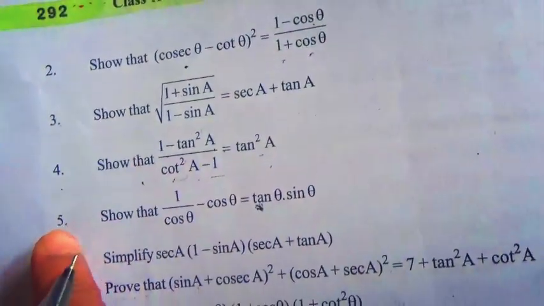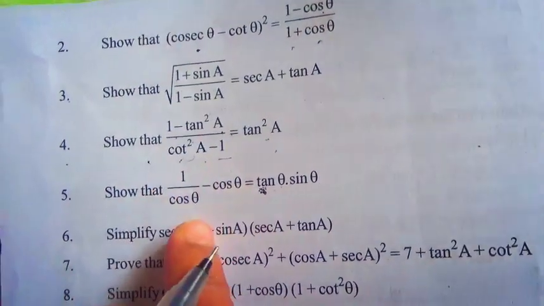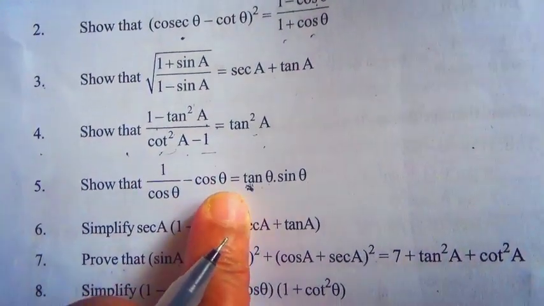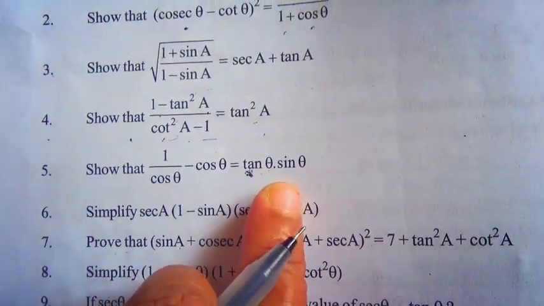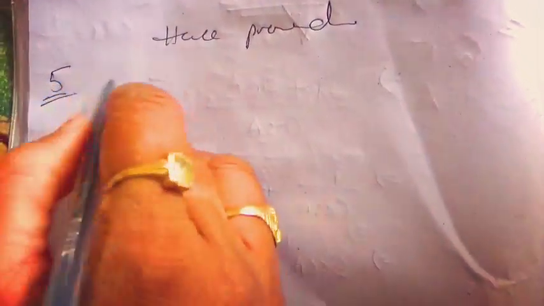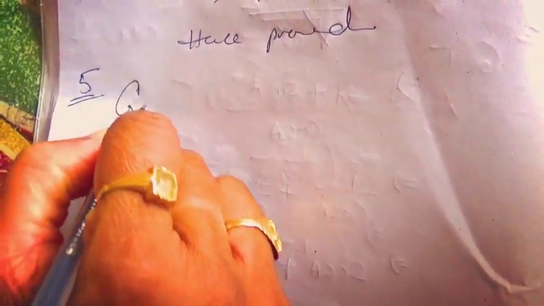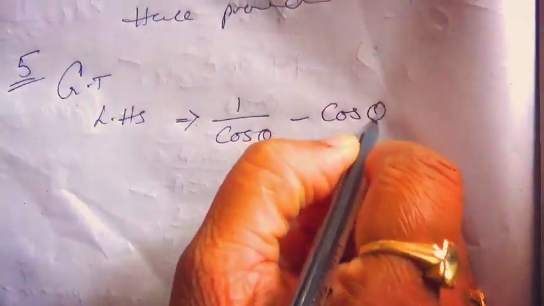Next, fifth sum. Show that 1 by cos theta minus cos theta is equal to tan theta into sin theta. So here also we have to prove this LHS is equal to RHS. Fifth one, given that LHS is equal to 1 by cos theta minus cos theta.